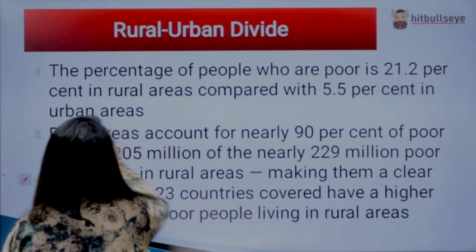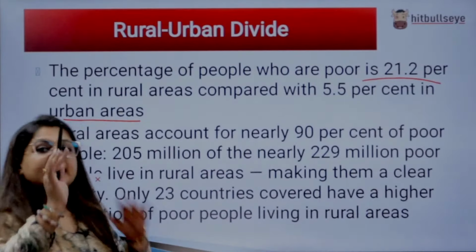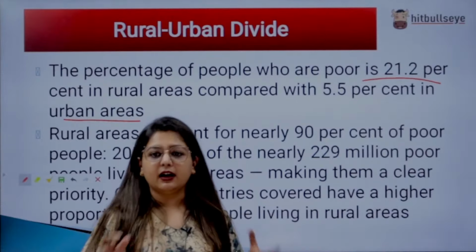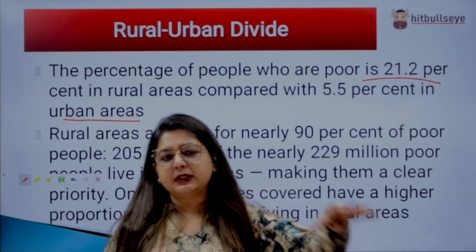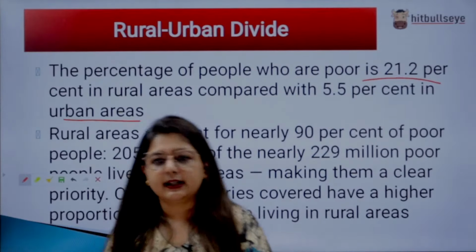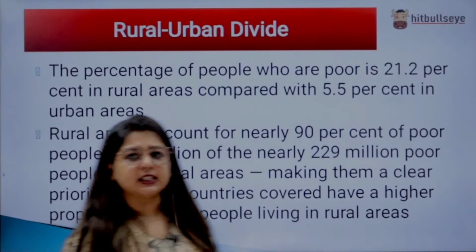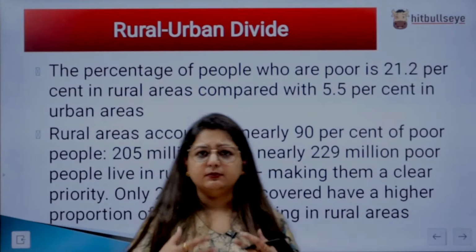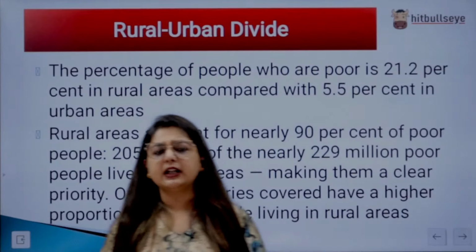So it states that the percent population in poverty is lesser in urban than in rural areas. In the rural areas the poor people are more, but in the urban areas poverty is a little lesser, right? Yes, we can relate it with job opportunities, the standard of living, and the kind of utility services provided, definitely.